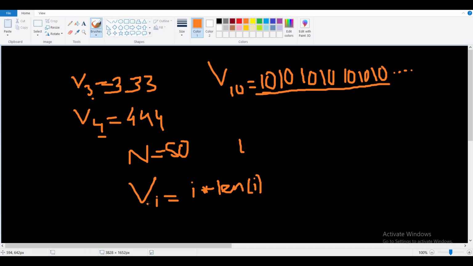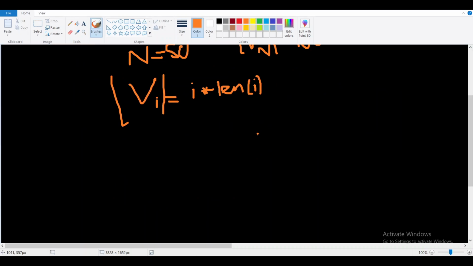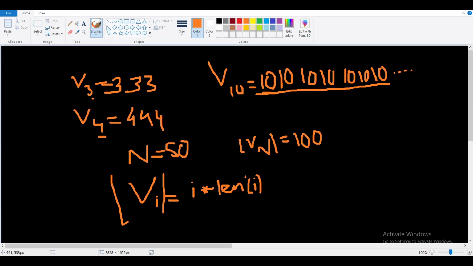If n is 50, then the length of Vn will be 100, because the length of n is 2. So this approach will not help us, and we have to think about something more.